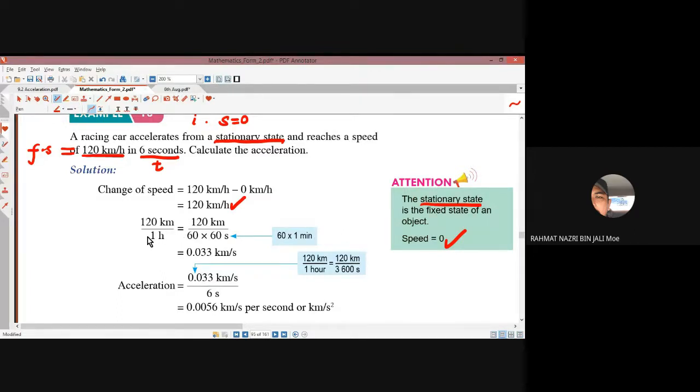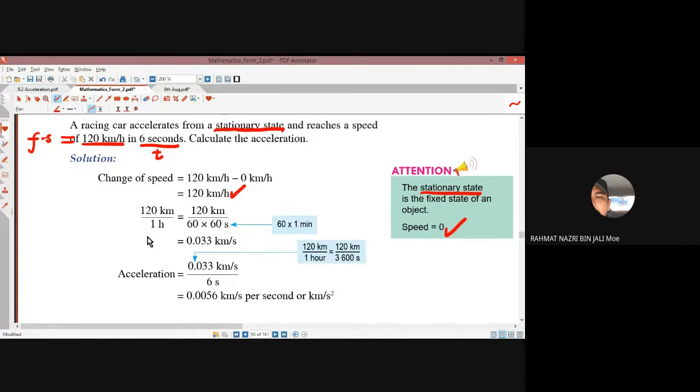And then we have to convert it. Okay, this one, they convert hour to second. So 1 hour is equal to 60 multiplied by 60.